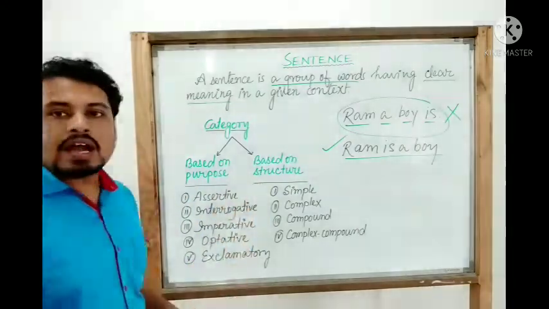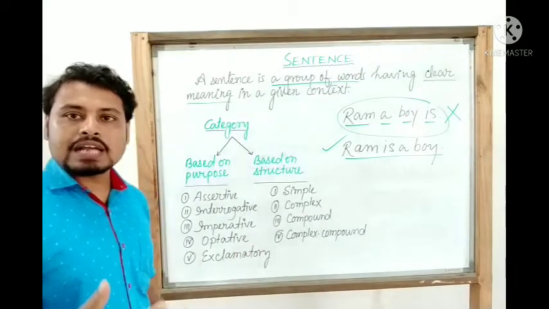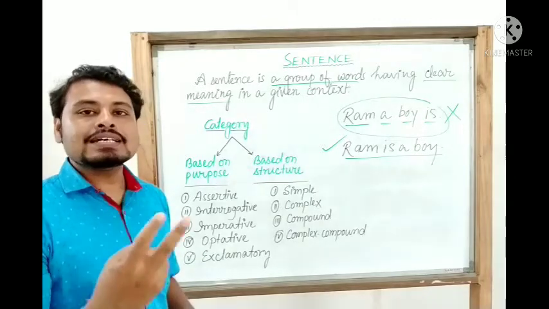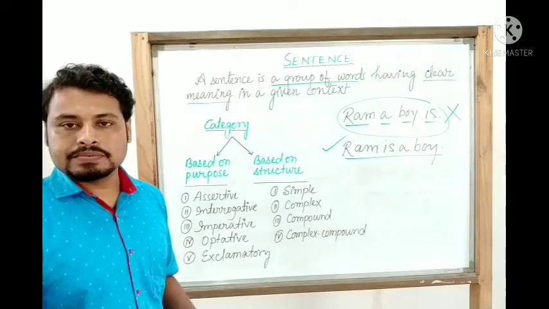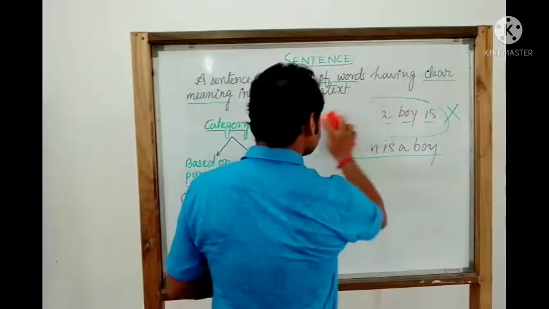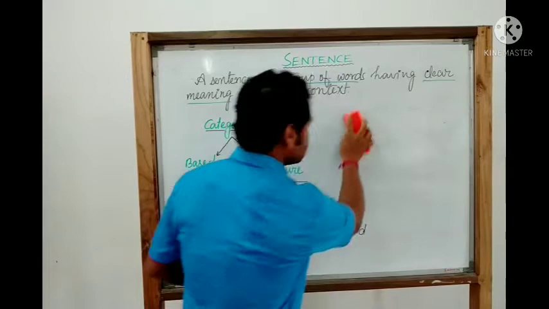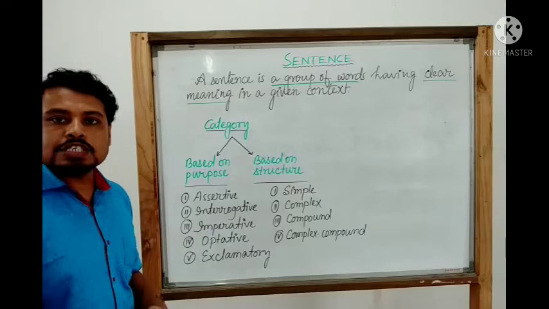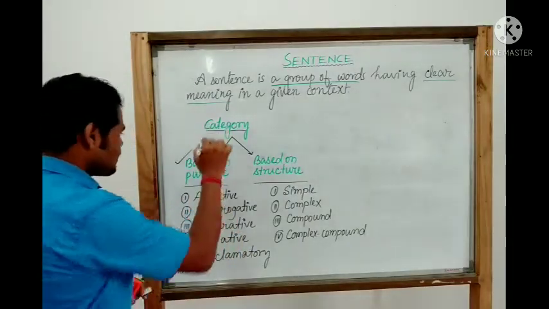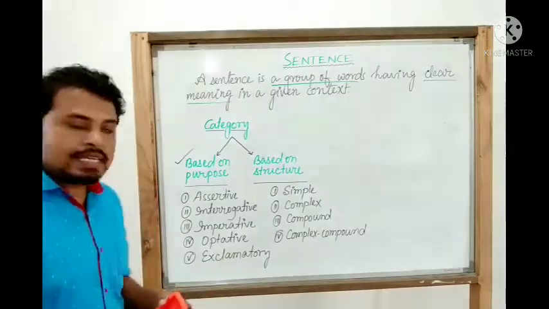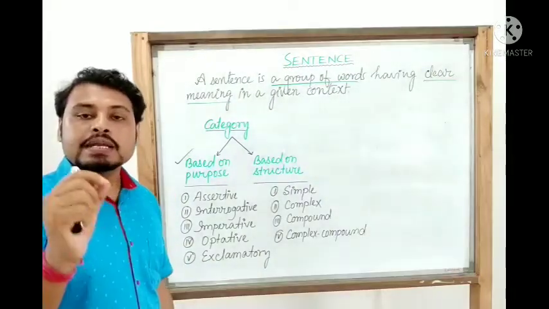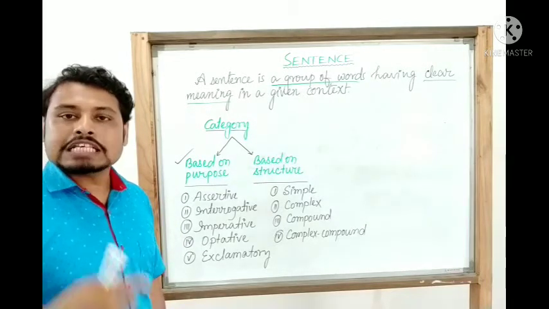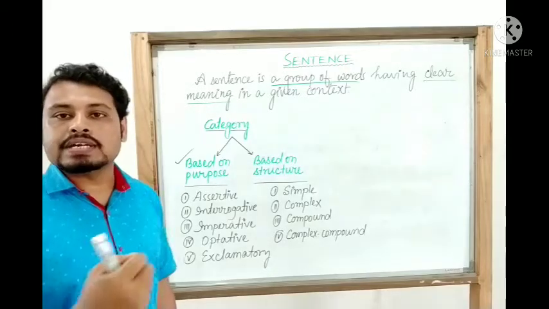Now if we talk about the kinds of sentences, the different types of sentences, we have 2 clearly distinct categories. The first category we have is the sentences based on purpose. That means these sentences serve different purposes in a given context. So as per their purpose, they are used differently.